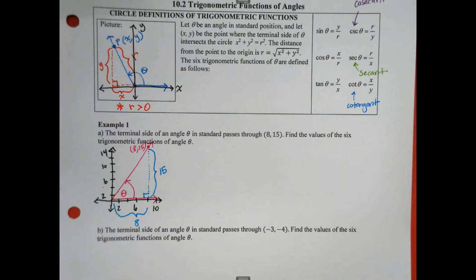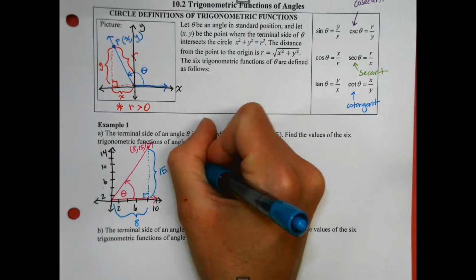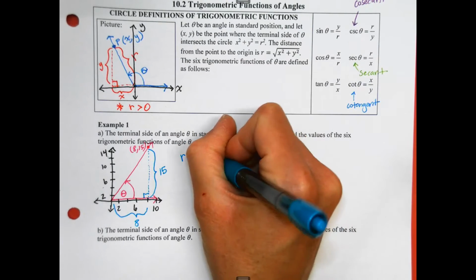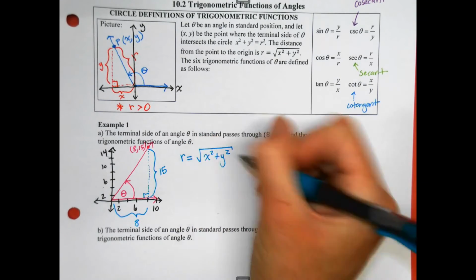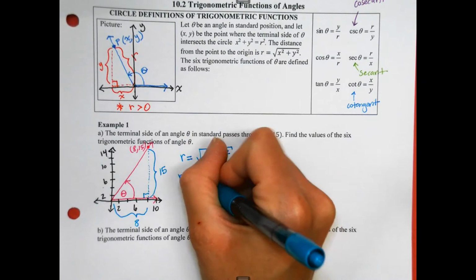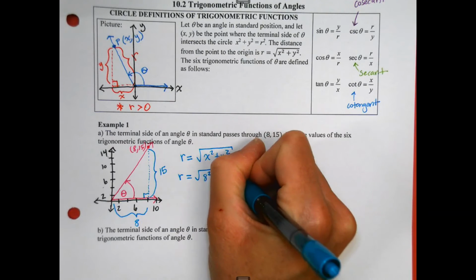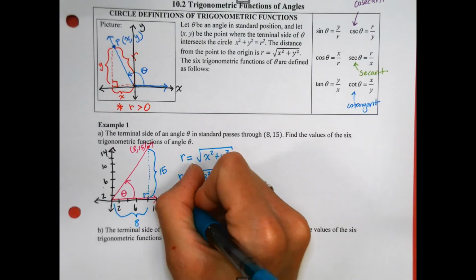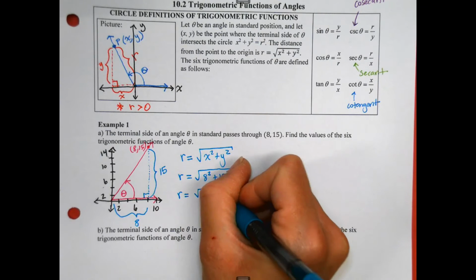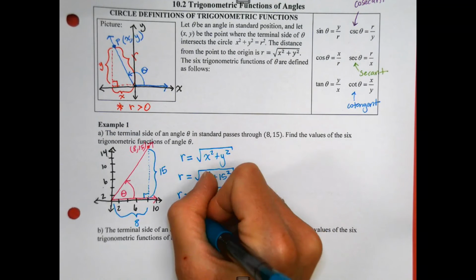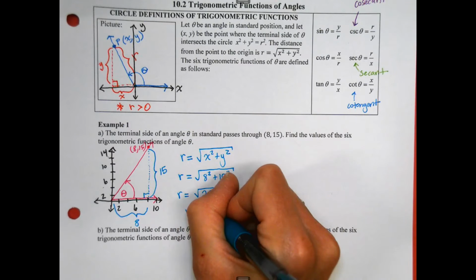And we know that x squared plus y squared is equal to r squared, or we could say r is equal to the square root of x squared plus y squared. So here r is going to be the square root of 8 squared plus 15 squared, which gives us the square root of 289, and the square root of 289 is 17.